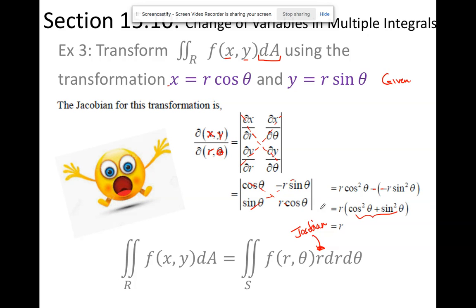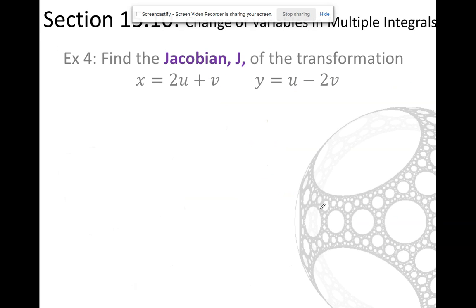Whoa. All right. This time, for this example, I just want you to practice getting me the Jacobian. Again, your transformation equations are given. If your transformation equations are given, and they are just asking you for the Jacobian, right? The area scalar. You're looking for your partials in x, partial x, partial u, partial x, partial v.